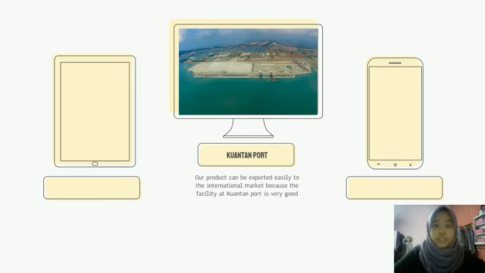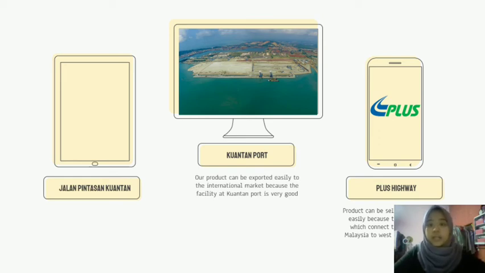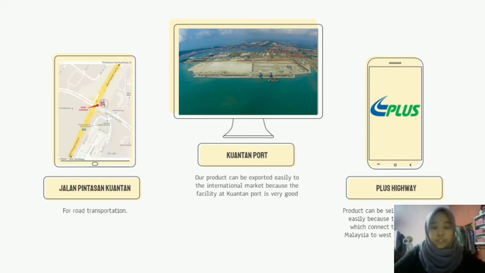We have chosen a location only 5 kilometers away from Kuantan Port. We also have the Plus Highway nearby. Our product can also be sold in nearby markets, as there are roadways connecting East Peninsular Malaysia to West Peninsular Malaysia. For instance, Jalan Pintasan Kuantan, the Parkway and the Plus Highway are examples of road transportation.